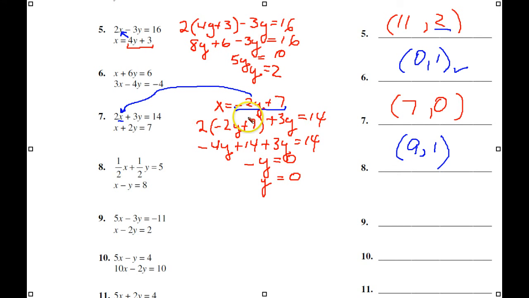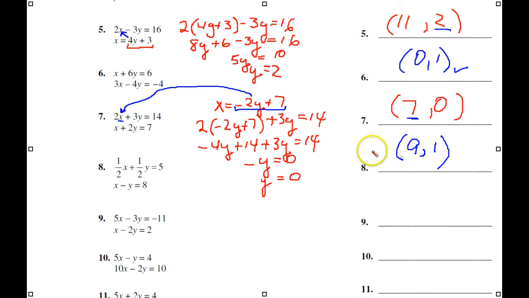I distribute, group like terms, and I get a negative y equals 0. Well, this is a case where positive y equals 0 too. So my y coordinate is 0. So I then go here. If y is 0, x equals 7. There's my other coordinate.